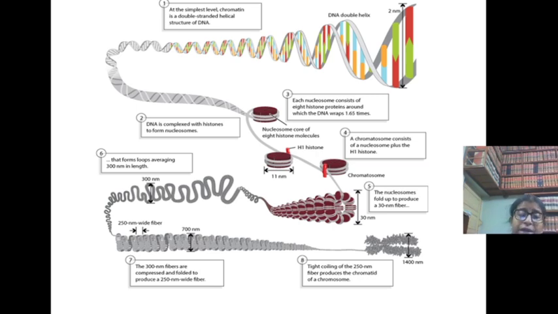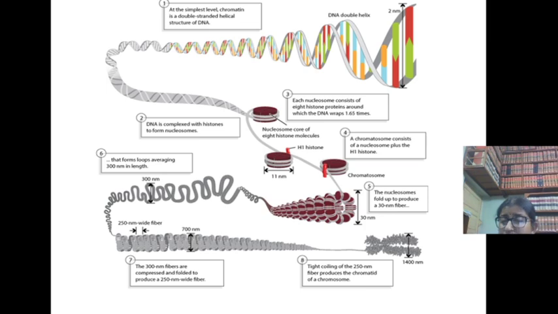So this is the 300 nanometer loops, and then from the 300 nanometer loops it is compressed and folded to produce a 250 nanometer wide fiber, and the last coiling is that tight coiling of the 250 nanometer fiber produces the chromatid of a chromosome, and that is what you see actually, the chromatids.